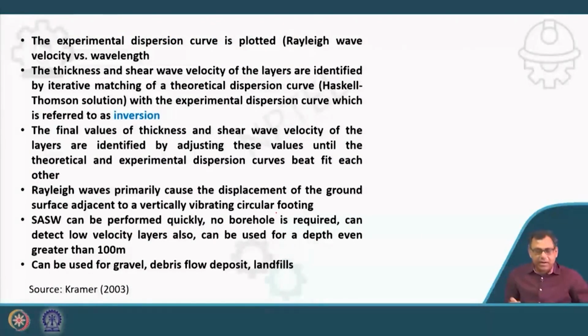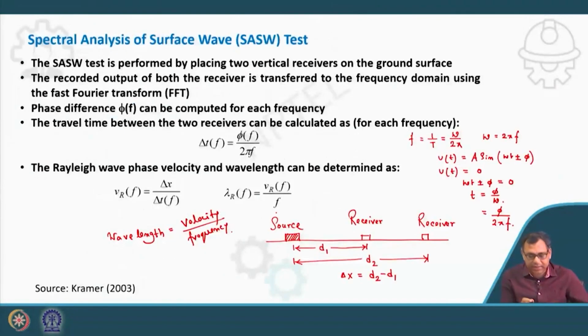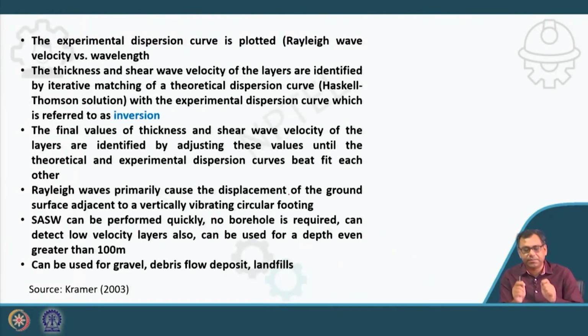So ultimately I get the Rayleigh wave velocity and wavelength, and that is my experimental data. If I plot Rayleigh wave velocity versus wavelength, that will give me the experimental dispersion curve.